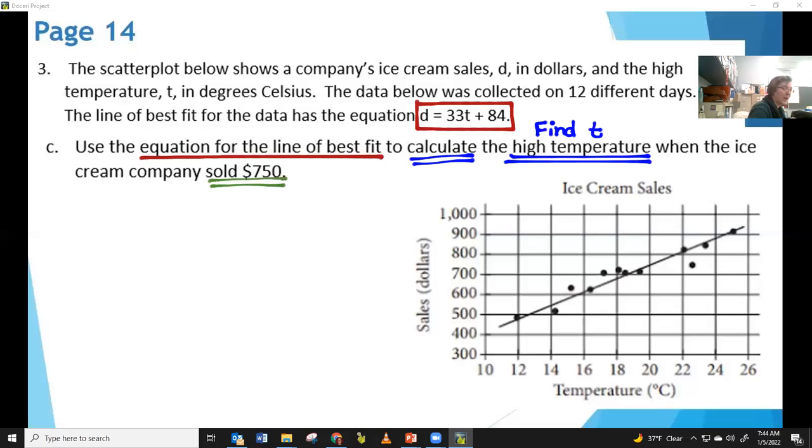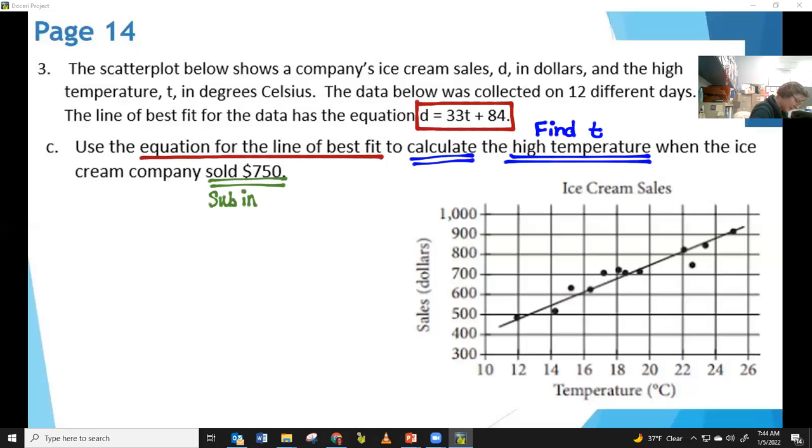What are they telling me right there? How do I use that piece of information to answer the question? I'm going to put it in the place of T for temperature. Money. So it's going to go in the place of which variable? D for dollars.